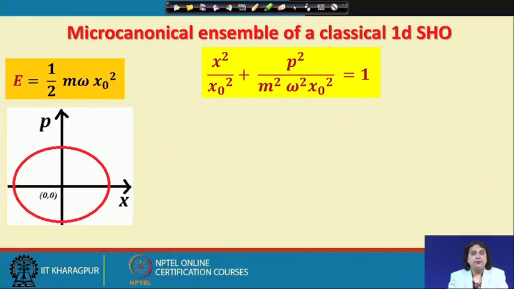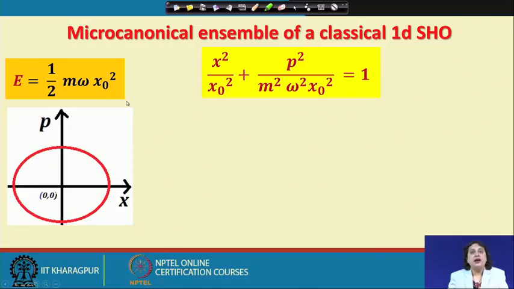We took an example of a classical one-dimensional simple harmonic oscillator for which the total energy is fixed at a given value, and its microstates are given by those values of x and p which obey this relationship, where the given value of E is half of m omega x naught squared.